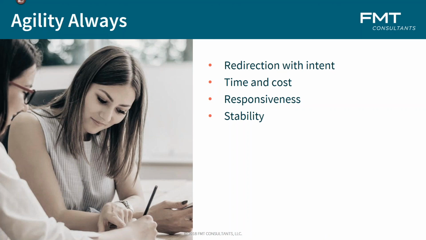How much time will it take for us to activate a new distributor or plug into a new EDI program so that we can fuel our downstream demand generation? How responsive can we be to market demands, competitive inroads, changes in supply, changes in demand, while maintaining fundamental stability so that our team members are confident in execution?